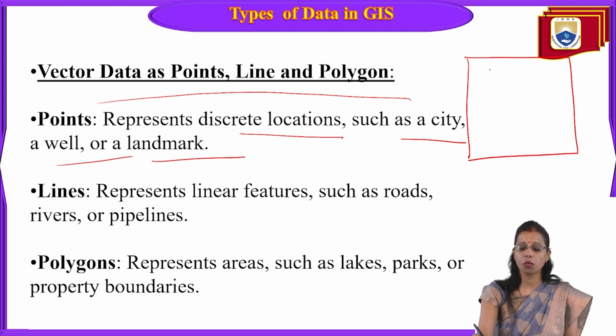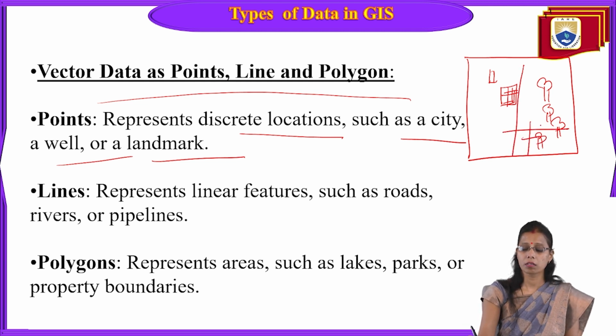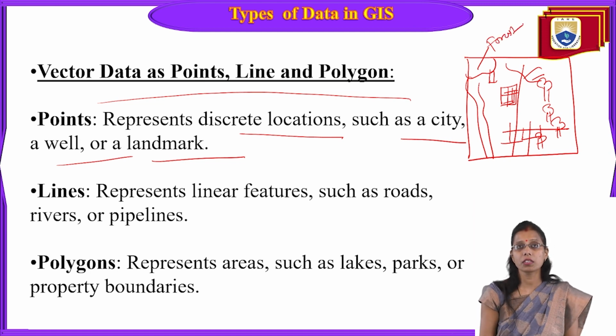You may find a pole, a building, many trees, road networks, a river, a drainage, and a forest also. So there will be many features over there.